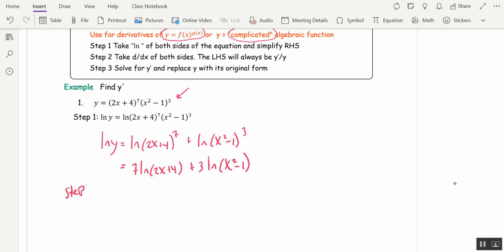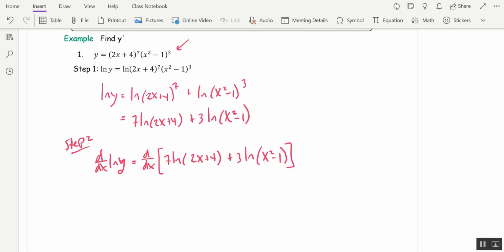Step 2 is to take d by dx of both sides. So on the left, I want d by dx of ln y, and on the right, I want d by dx of everything I have written in the line above. Okay, now on the left, for the derivative of ln y, I want to think of this as implicit differentiation.